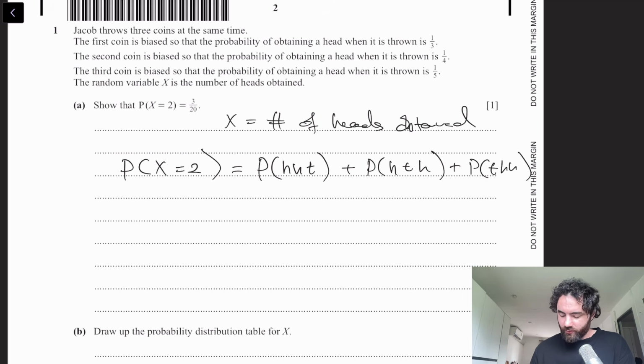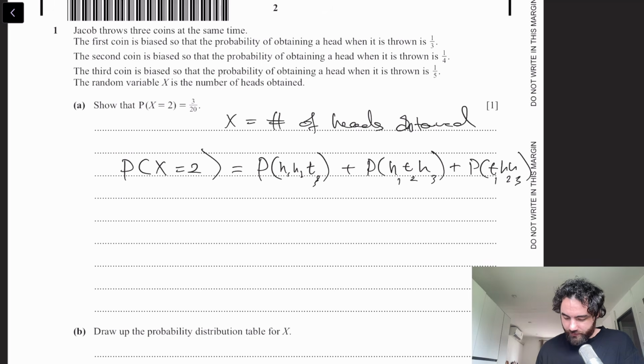So those are the only 3 ways in which, when he throws them, the first coin, because they're different biases. So this is the first coin, second coin, third coin here. So we could call it head 1, head 2, tail 3; head 1, tail 2, head 3; and tail 1, head 2, head 3.